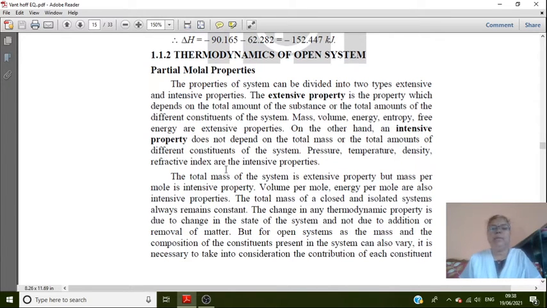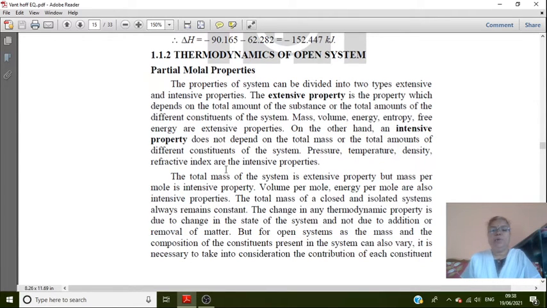The change in any thermodynamic property is due to the change in state of the system, and all of you know the state of a system is changed by changing the variables of the system. System variables are pressure, temperature, and concentration or composition of the constituents.